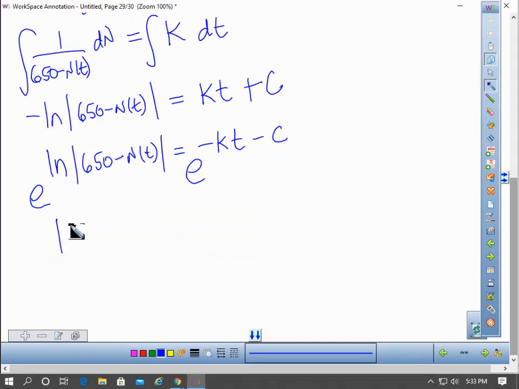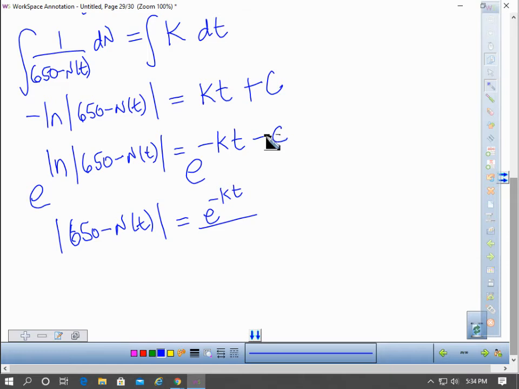So this gives me the absolute value of 650 minus n of t equals e to the negative kt divided by, because this is subtraction, e to the c, which again, I can write as a constant, e to the negative kt. And then I can take off the bars here, 650 minus n of t.